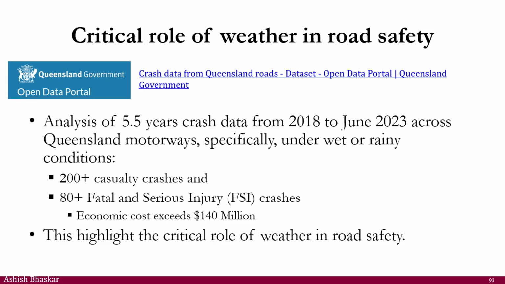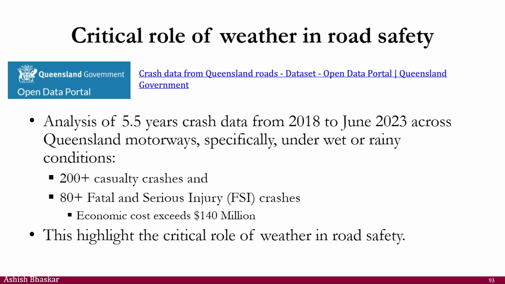More than 80 fatal and serious injuries, and some of them have been given a dollar value. It is exceeding $140 million, the cost to society. So this highlights the critical role of weather in road safety.